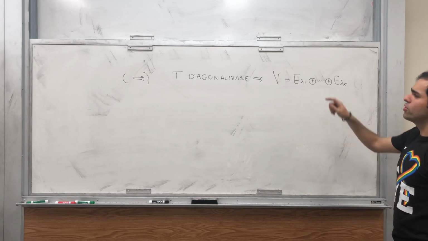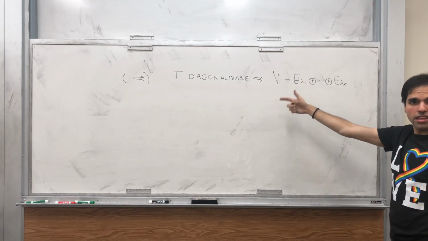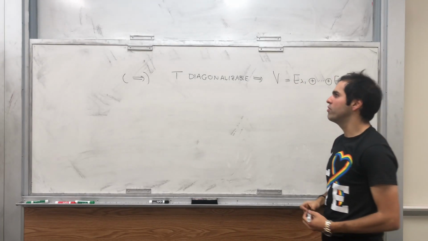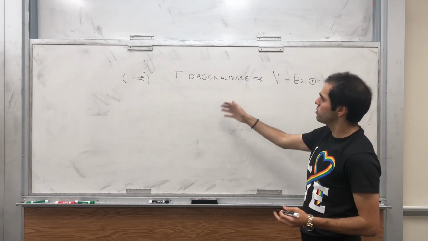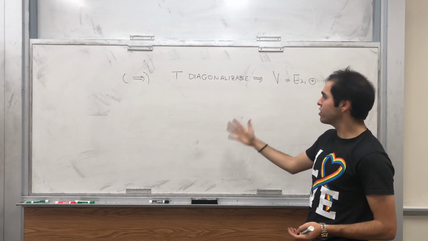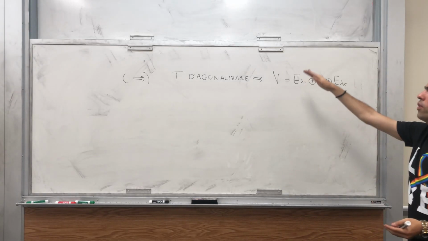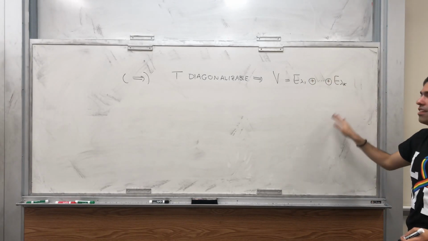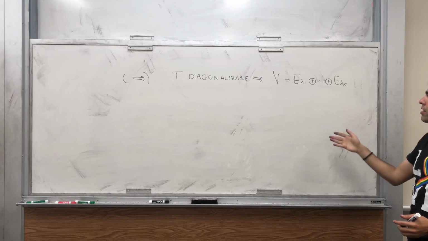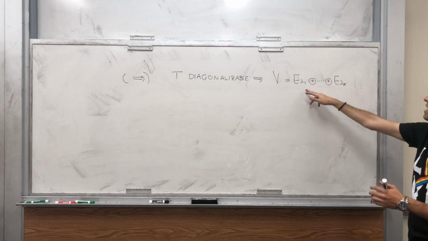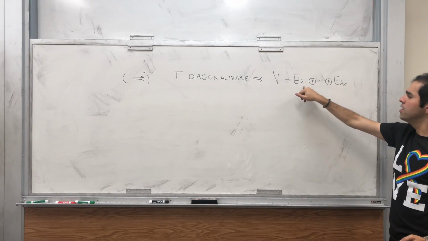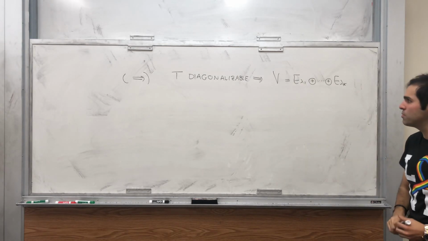And by the way, as I said, we assume that the characteristic polynomial of T splits, which means it's a product of linear factors. In particular, we know in this case T has eigenvalues, and without loss of generality, they're all distinct here, just by grouping all the same eigenvalues in those eigenspaces.